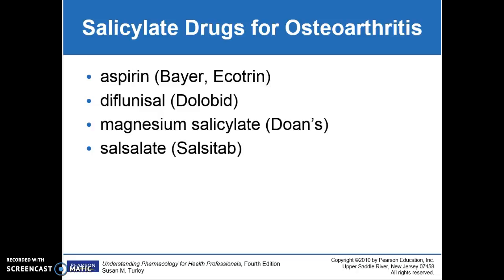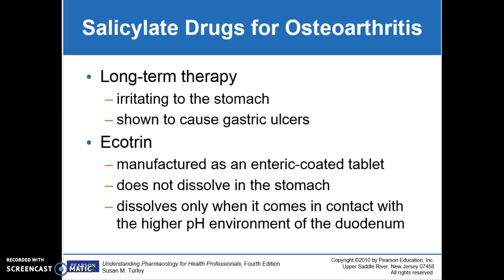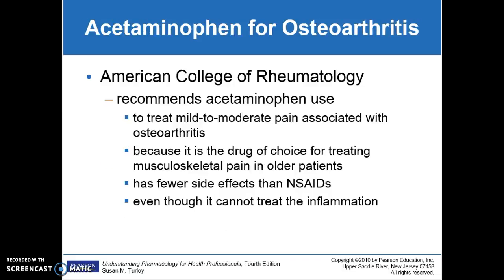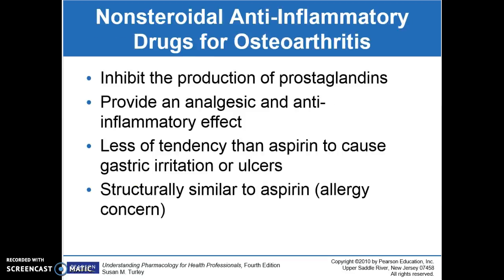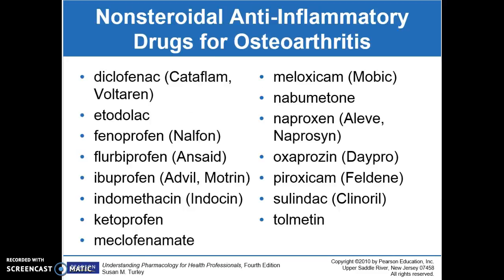You're going to see some over-the-counter medications, but then you're also going to see some of the more long-term medications that are used too. Then we're going to get into talking about non-steroidal anti-inflammatories. There's less upset stomach with those.